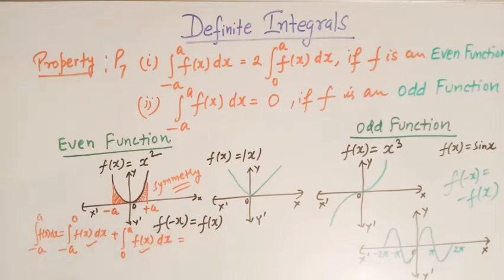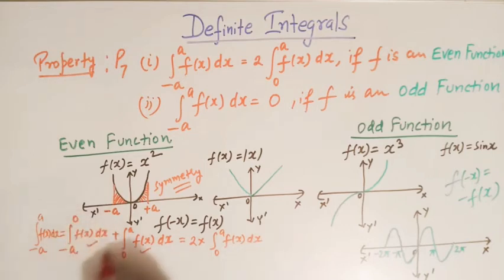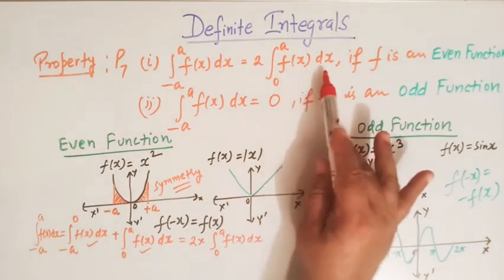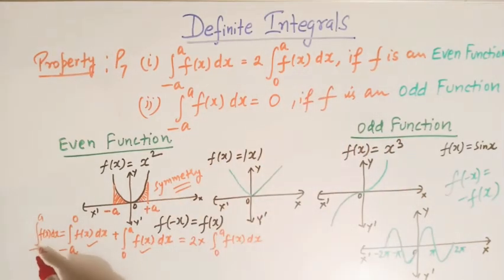so therefore we can write this sum as 2 times either this area or this area. Clear? So we have arrived at the result that the integral from minus a to a of f of x dx is equal to 2 times the integral from 0 to a of f of x dx, right?